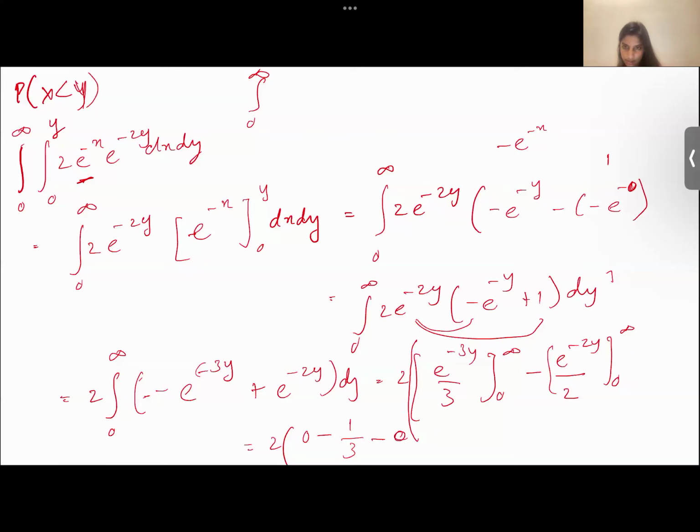And then minus e power 0, so minus 1, minus becomes plus, 1 by 2. So we'll have minus 1 by 3 plus 1 by 2. So 2 into, 2 3s are 6, minus 2 plus 3. What is minus 2 plus 3? 1. So 2 into 1 by 6, 2 by 6 is equal to 1 by 3. So this is the answer for this second scenario.